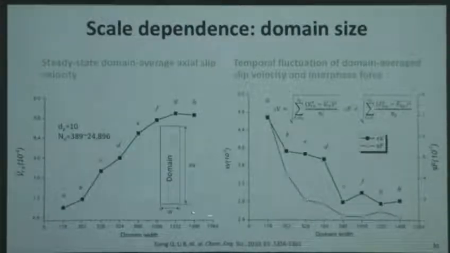But we did not go even further, so we cannot say this is the final result. Maybe at even larger systems, there's still some change. But anyway, it's highly scale dependent. And in terms of fluctuations, this fluctuation is decreasing with the scale, as we can expect.